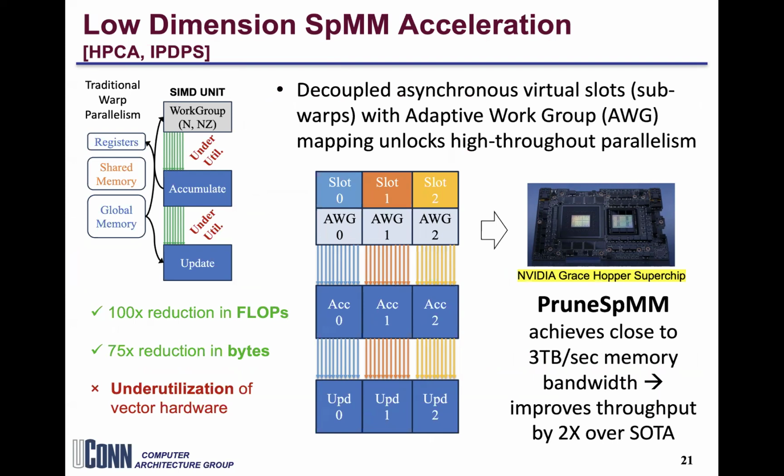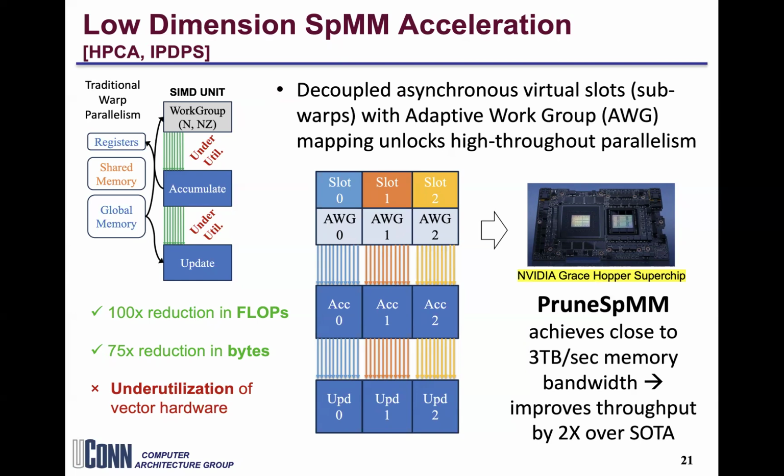If you look at our low dimensional SPMM, if you think of a GPU or a highly vectorized machine, you're effectively taking a chunk of work in a given thread, what they call your warp or a SIMD unit in a GPU context, and you map that work to the vectorized lanes by mapping the dimensions of your embedding matrix on those lanes. Now, if you go to a highly sparsified model, those lanes are not fully occupied.